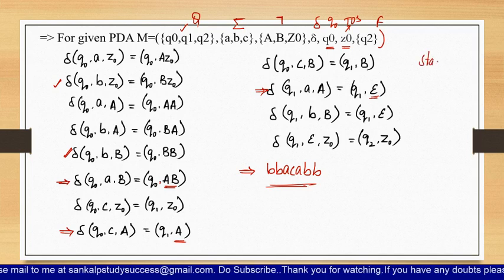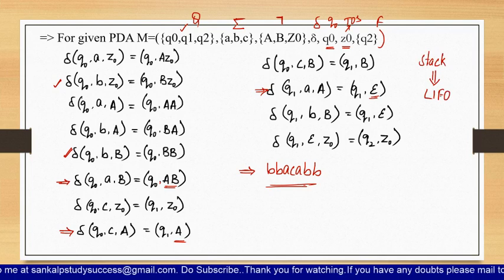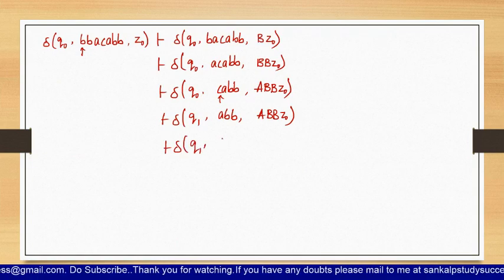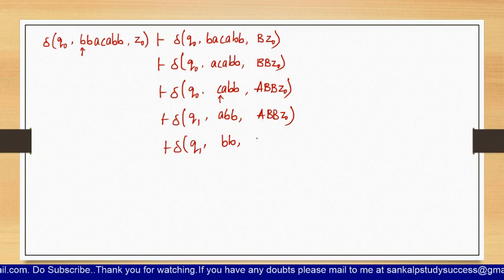The stack follows the LIFO principle, last in, first out. So what is the last in is removed first. We stay in the same state Q1 with BB remaining, and this A was the last in, so we remove that A. We are left with BB Z0.